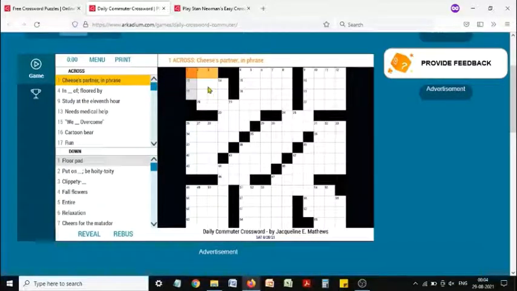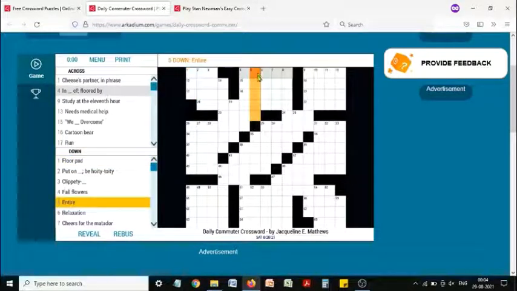So one feature is that you can cycle very quickly from one clue to the next. So if I'm here on one across, if I want to look at what is one down, I just have to press the space bar and I get the clue for one down. Similarly, if I take the mouse and click here on 5, the clue is highlighted.